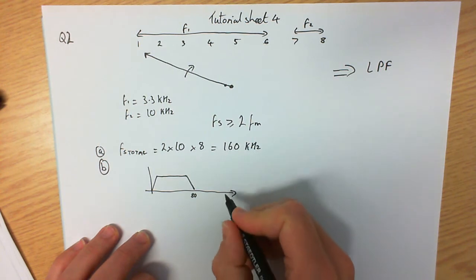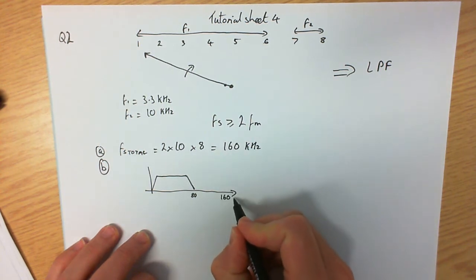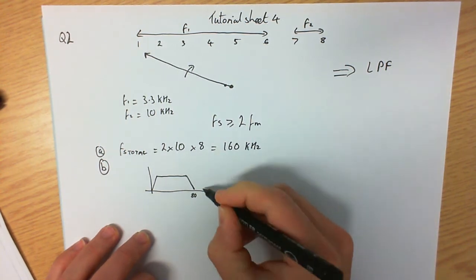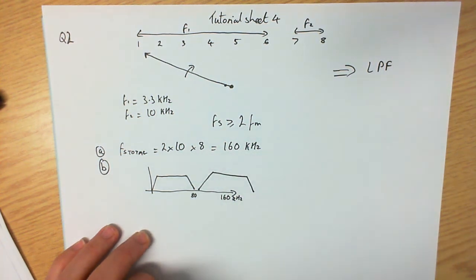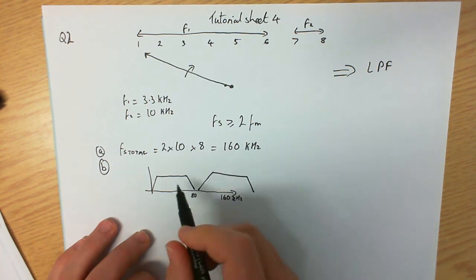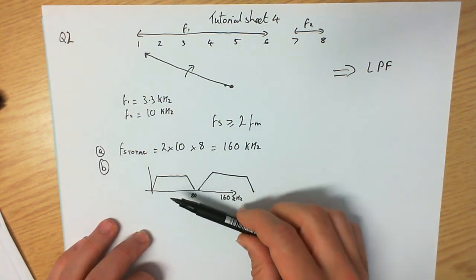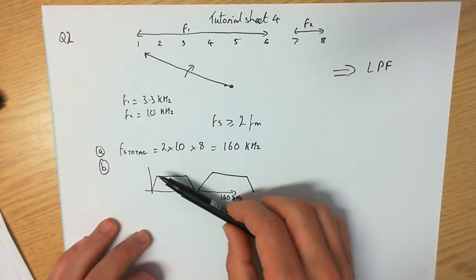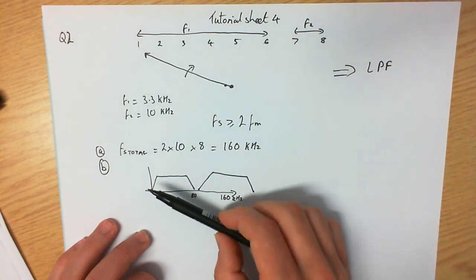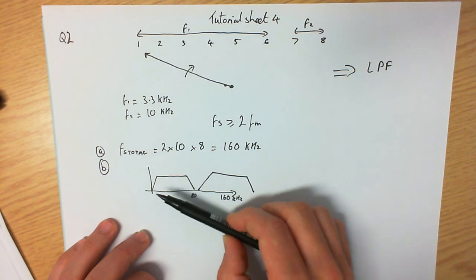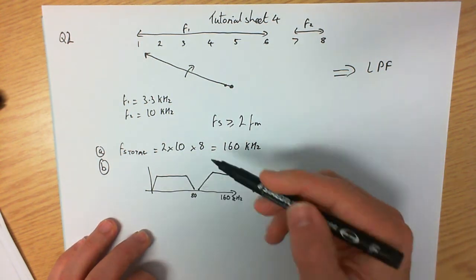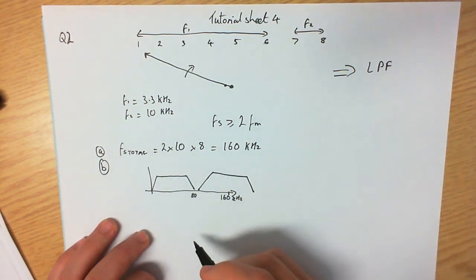Our switching frequency, which is at 160 kHz, is going to have something that looks like that on top of it, because the proof of Nyquist shows that when you sample a signal like this, the frequency spectrum looks like a convolution of the bandwidth of this signal just repeated at the switching frequency apart.